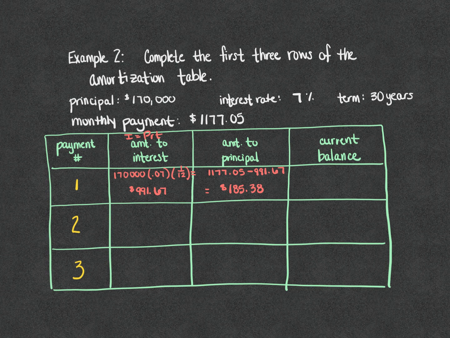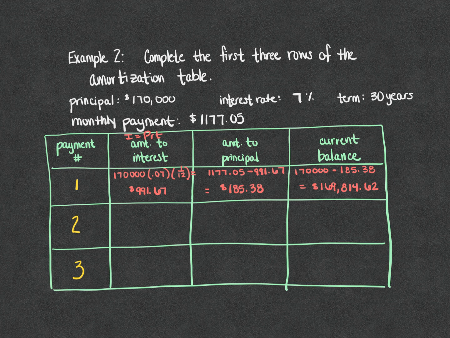So that makes the balance after your first payment on the loan $170,000 minus the $185.38 that gets applied to the principal, for a new balance of $169,814.62.